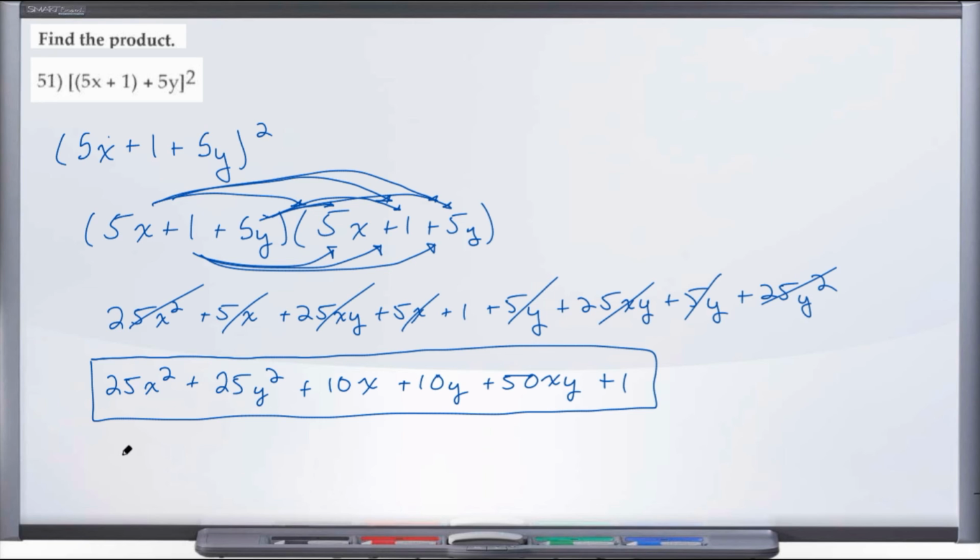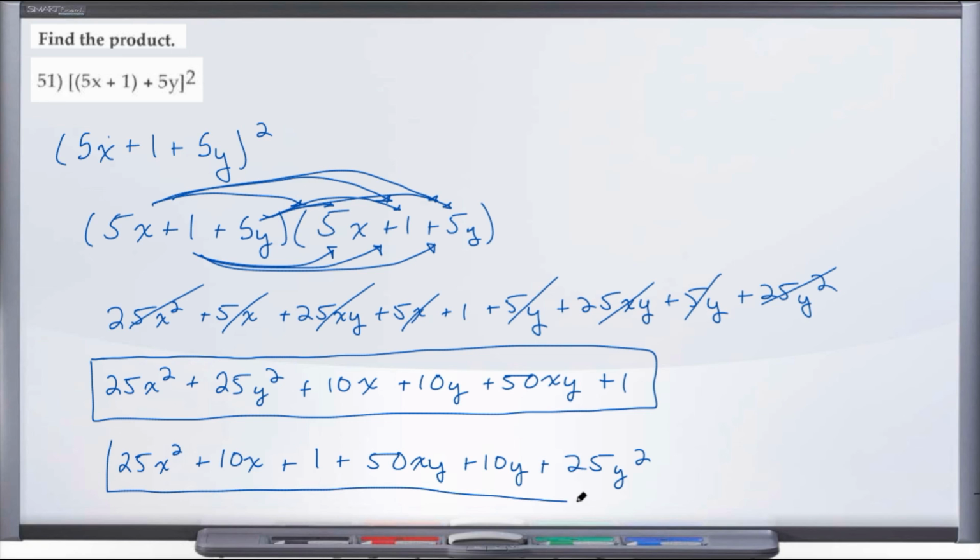The answer key has this as 25x squared plus 10x plus 1 plus 50xy plus 10y plus 25y squared. So again, this is the answer key's order, but either one is fine. So that's the answer key.